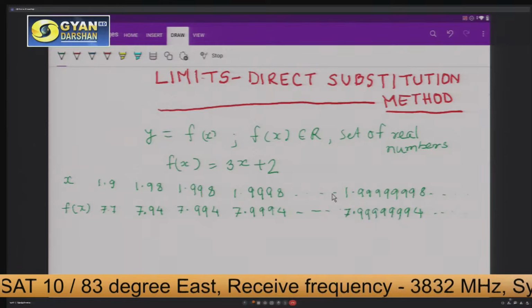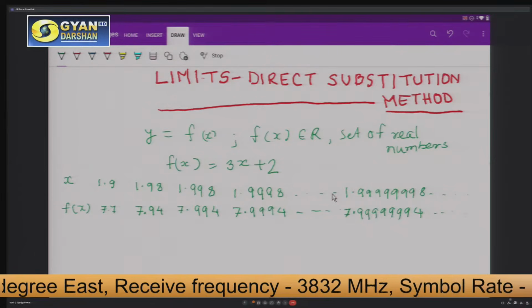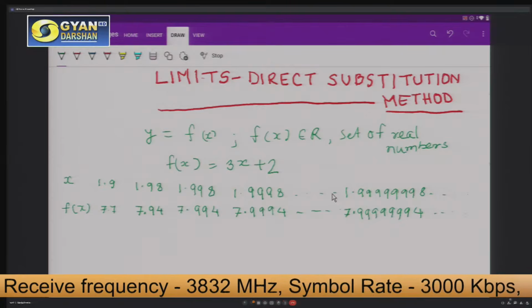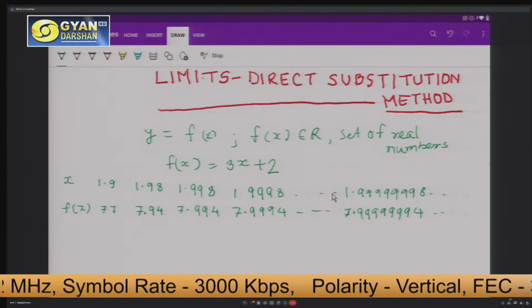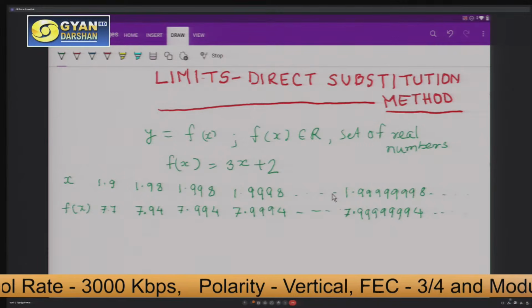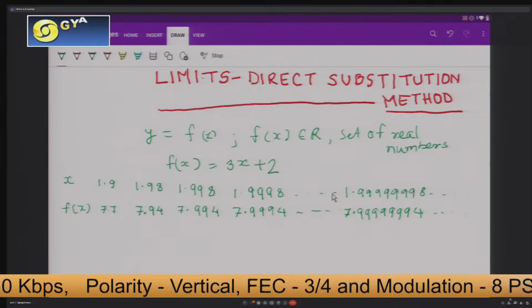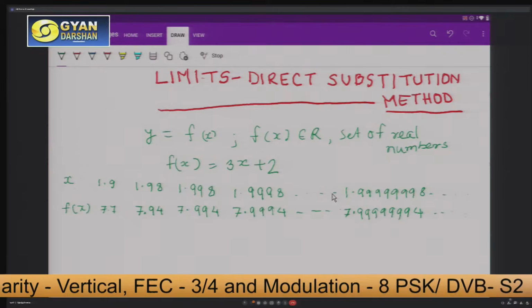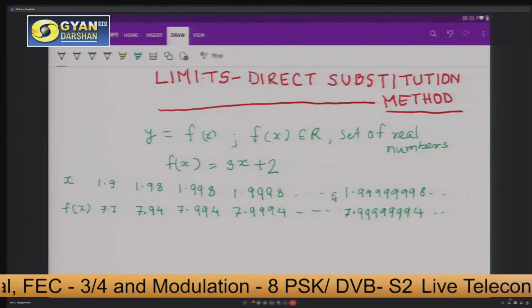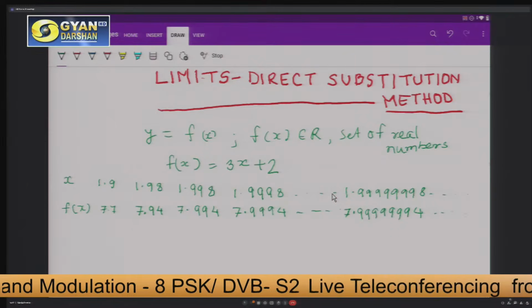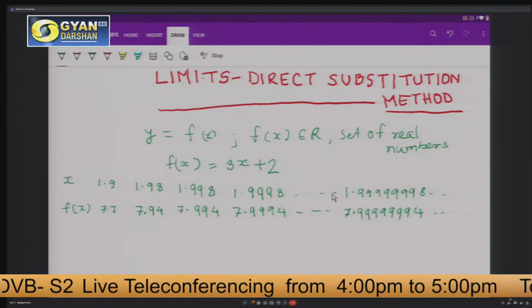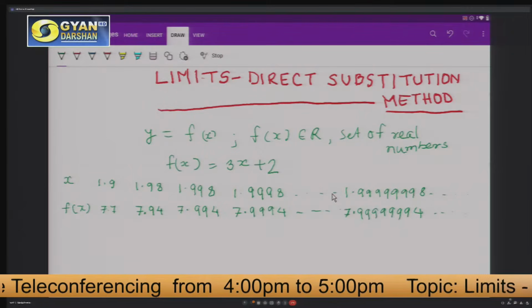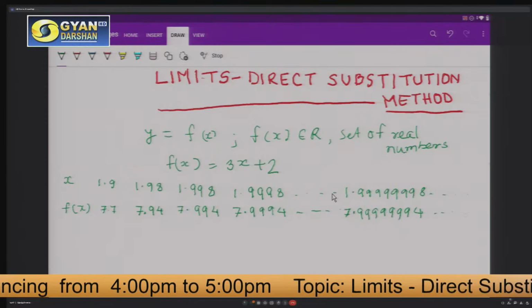As we increase the value of x, making it nearer to 2 but smaller than 2, the value of f(x) is also increasing in a similar manner, from 7.7 to 7.94 to 7.994 and so on.